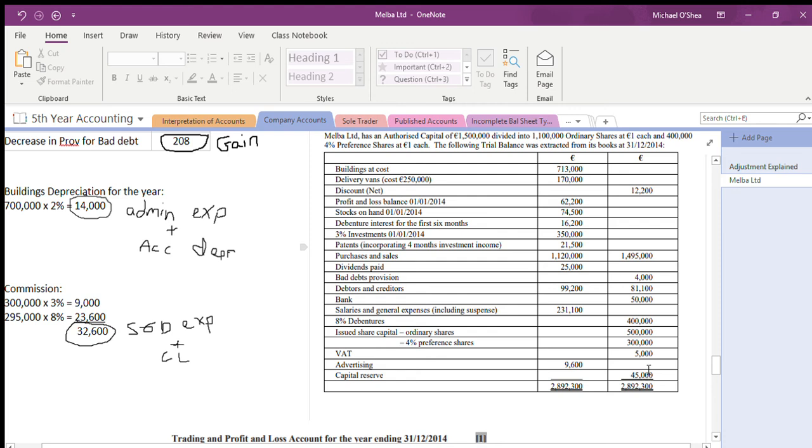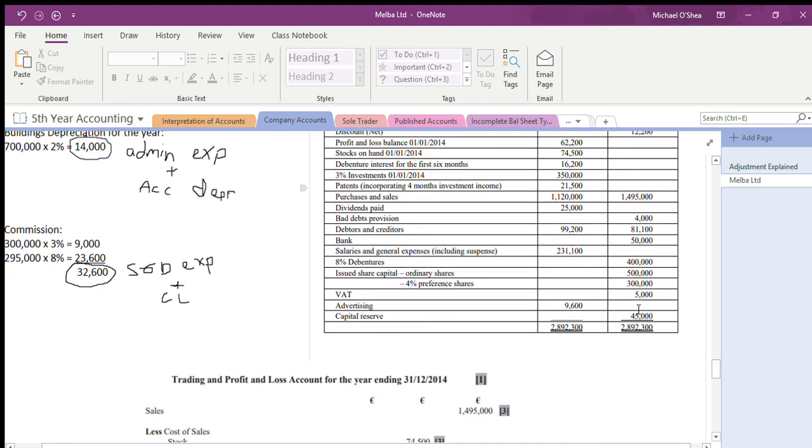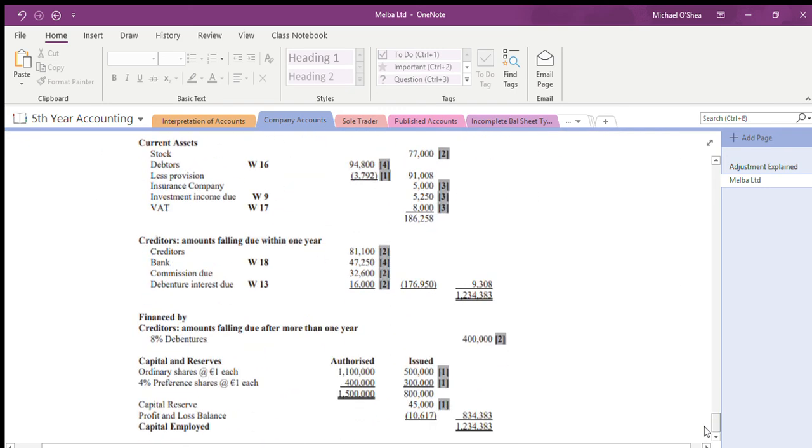It's money that we've saved up for later on. It's a form of our financing. So this 45,000 goes in at the bottom, the same way you would have a revaluation reserve going in the financed by section. So the capital reserve here is at the bottom. Not in every question, but it is in some, and then we have our normal P&L figure.